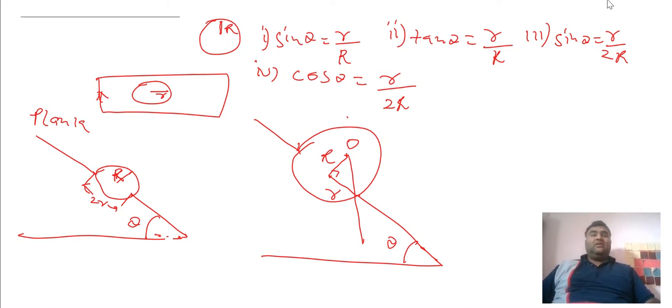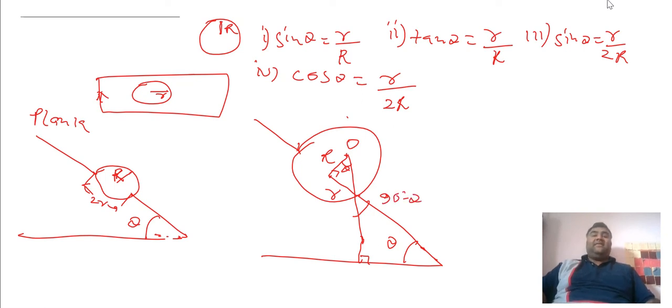So I will show you exactly how we can find it. I will apply the logic of math here inside the physics. This is my theta, and by geometry this will also be my theta. This is 90 degrees, so by the angle sum property of the triangle this will be 90 minus theta.